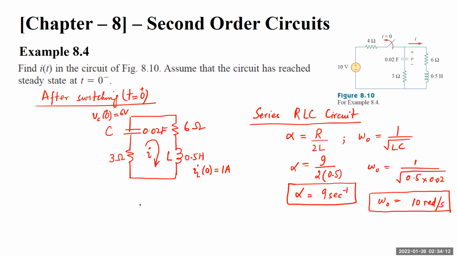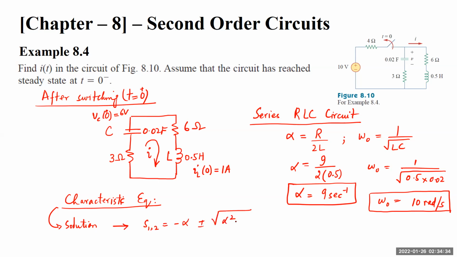So now the characteristic equation. Or you can just simply say the solution for the characteristic equation will look like S1,2 equals minus alpha plus minus under root of alpha square minus omega naught square.